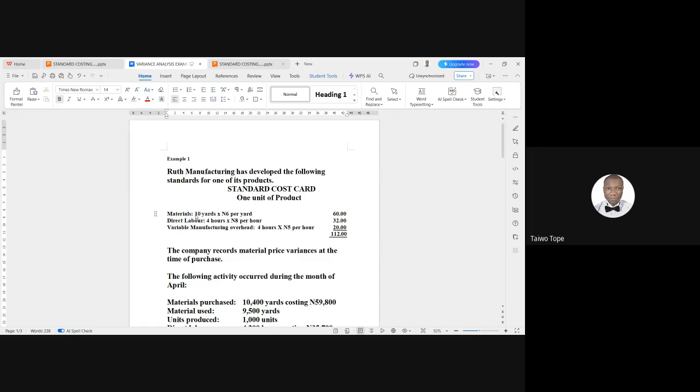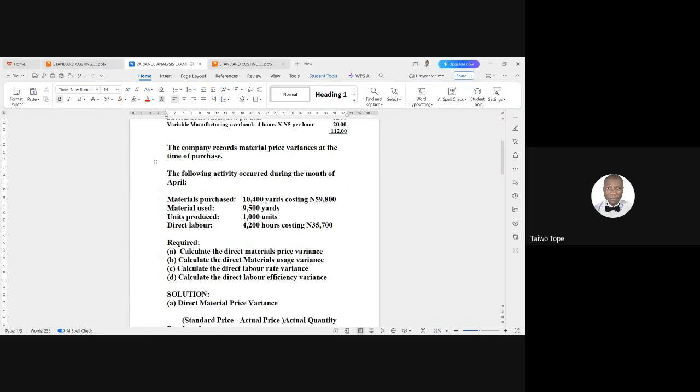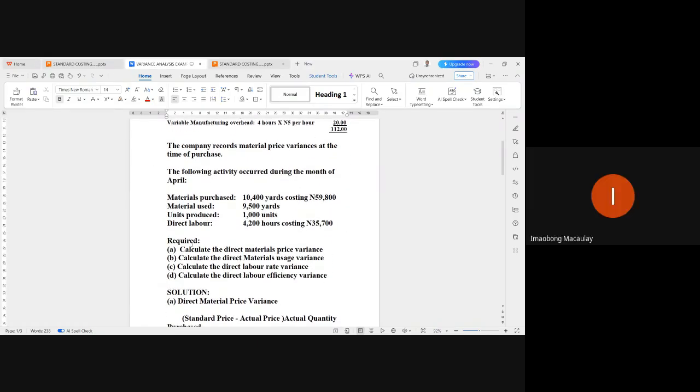See it here, 10 yards. Now, in relation to the actual units produced, what is our actual unit produced? 1,000 units.